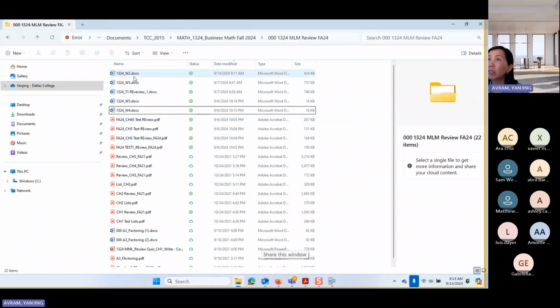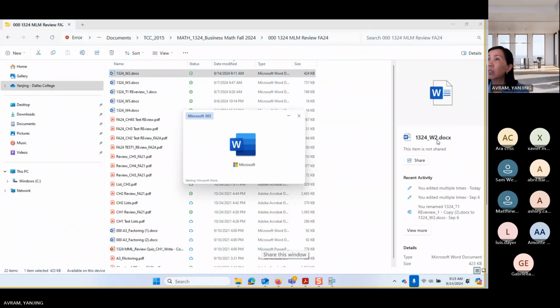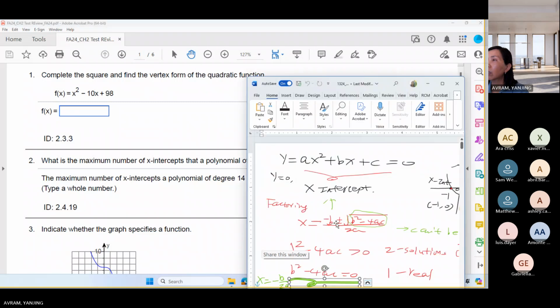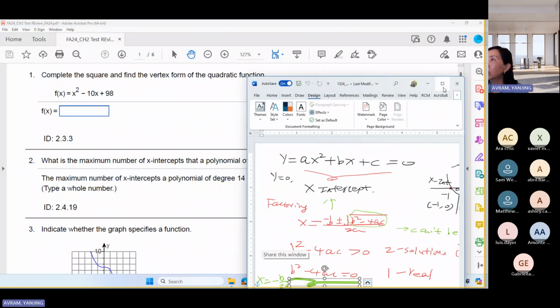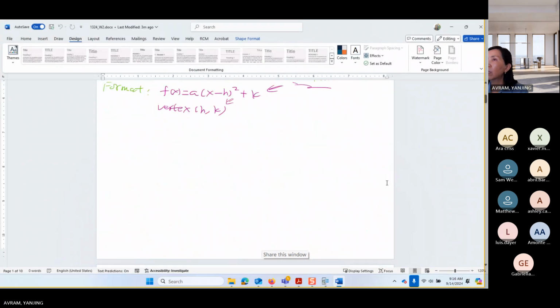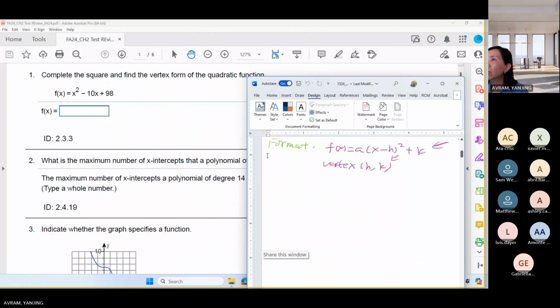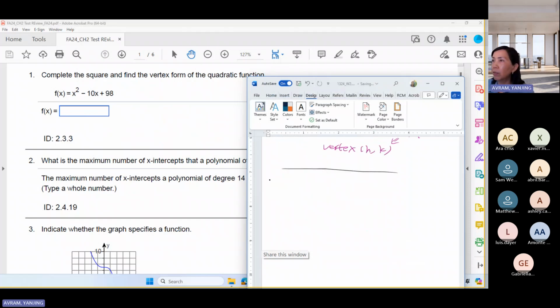Let me go ahead and then, okay, I'm trying to get this one a little bit bigger. Okay, so we can do it from here. Let's look at the first one right here.